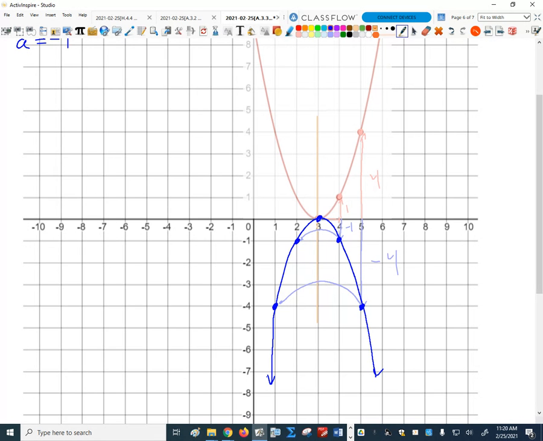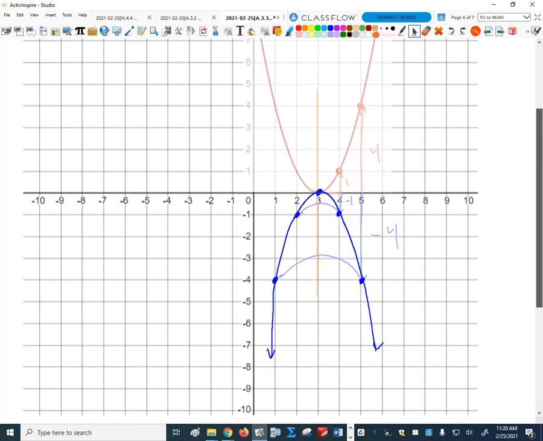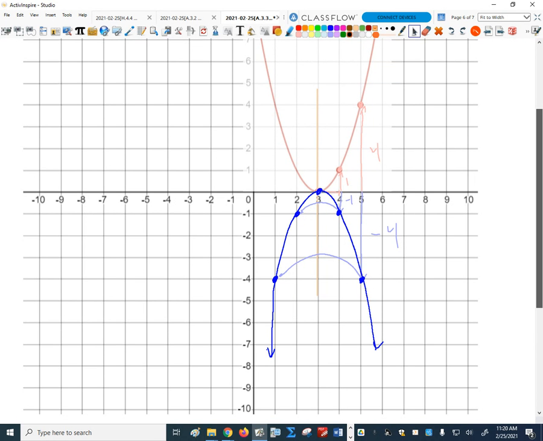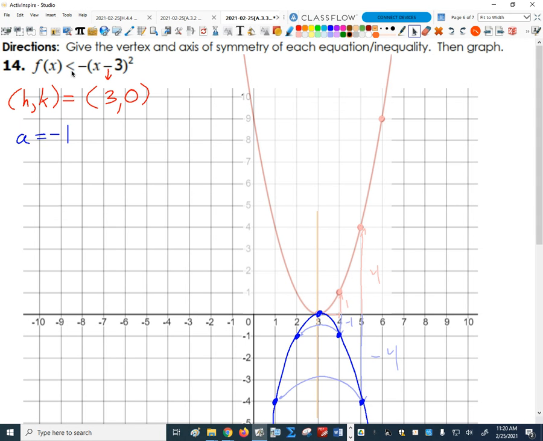Okay, well, let's go back up to the original inequality here. So notice I'm not including an equal sign in my inequality. So what's that tell me about my boundary that I'm drawing? Think back to what we did with lines. What did we say about a boundary line if the inequality didn't include an equals?